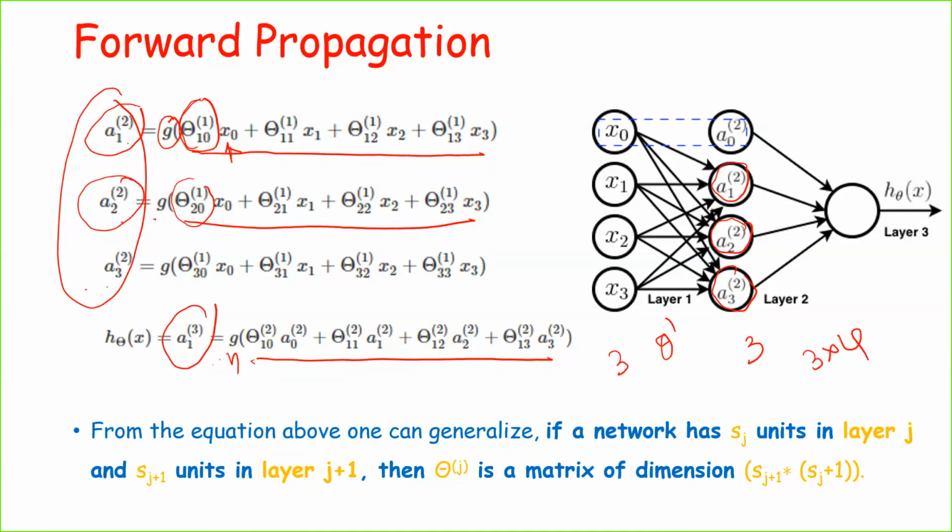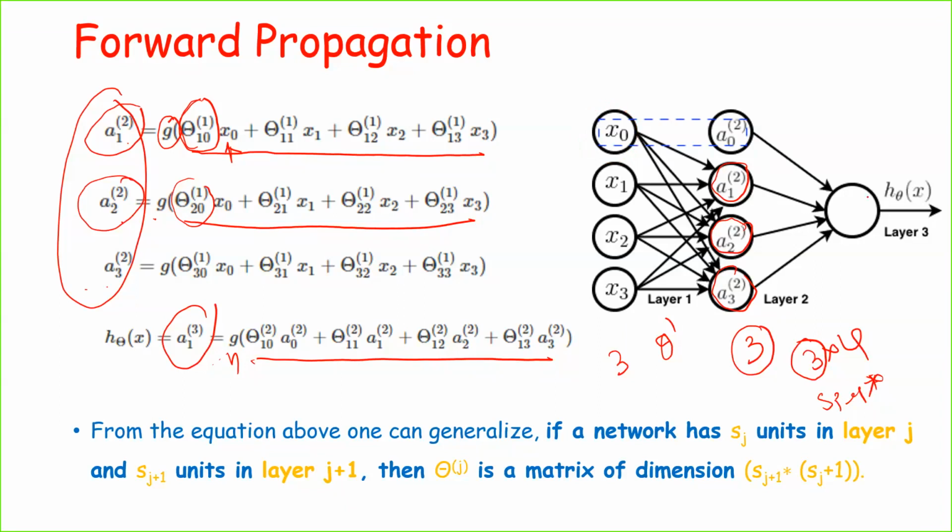This 3 is the number of units at S j plus 1, that is layer 2, times the number of units at layer 1 plus 1. Plus 1 because we have a bias term here, right? So this will be of the size 3 by 4.